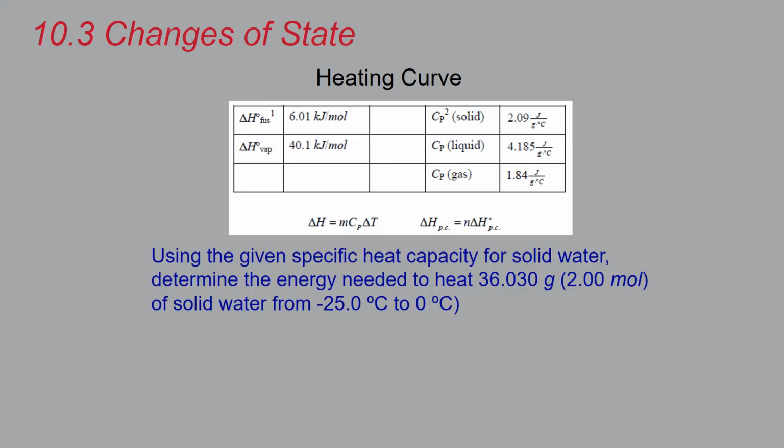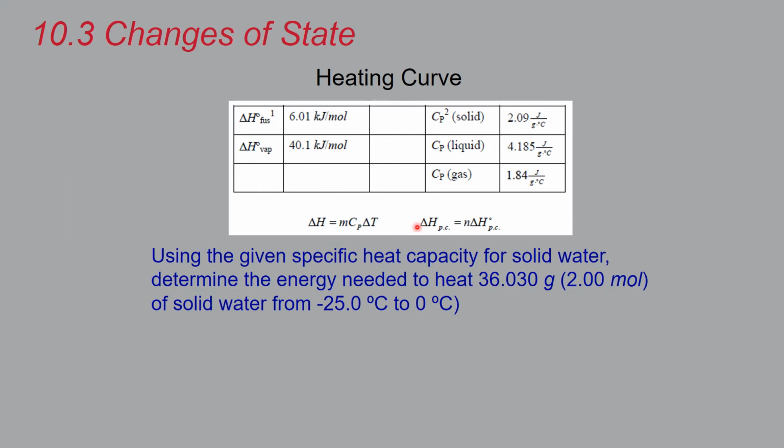So here's the information that you were given: the heat capacities of solid, liquid, and gaseous water. Remember, they're different, so be mindful of using the correct one. This also gives you the enthalpy of fusion for water. So it requires 6.01 kilojoules per mole of water to melt water. And likewise, it takes 40.1 kilojoules of energy to vaporize a mole of water.